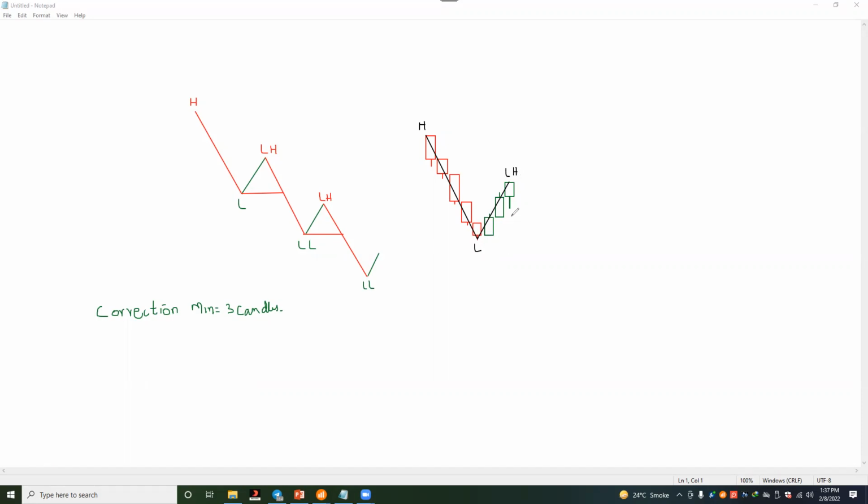Now, in a downtrend, you will find again the price will fall down, and if it's falling down, the three candles, if you again find, now it is confirmed that this is your next wave, which is moving down.